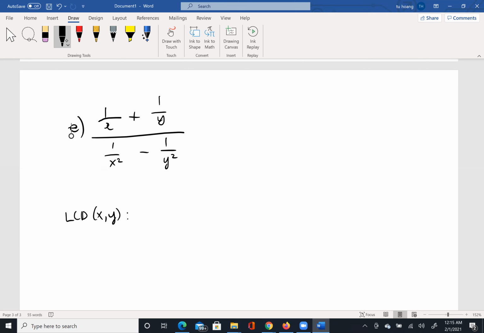For the LCD of x and y, it's just going to be x times y because they don't have any common factor at all. Also, for the LCD of x squared and y squared, it's going to be x squared times y squared.